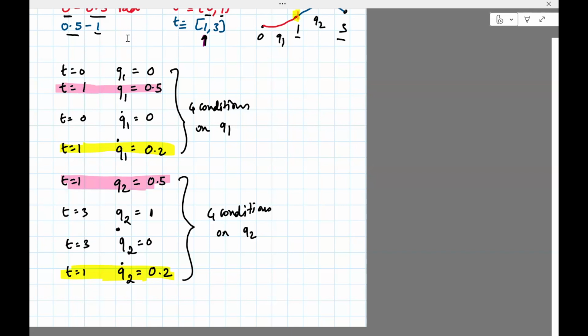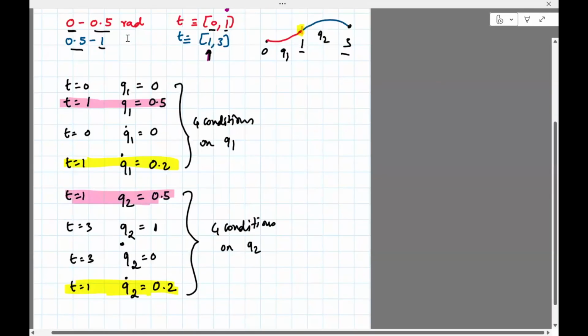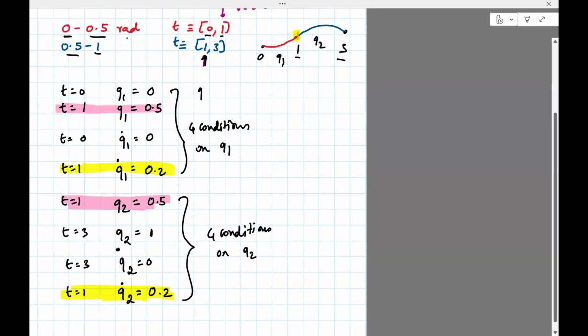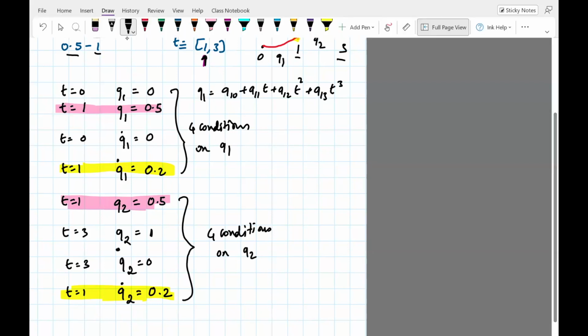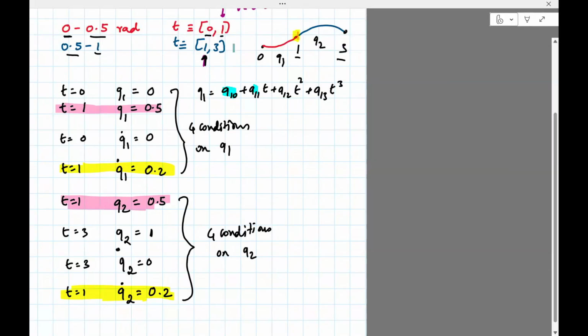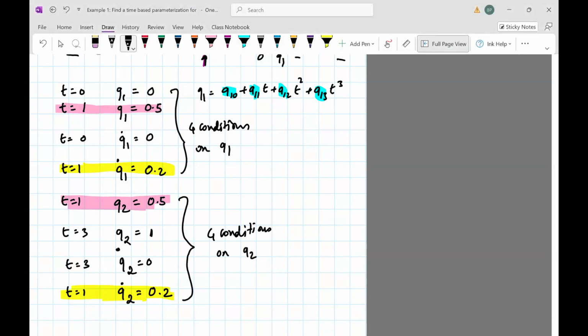Okay, so let's say Q1 will be of this form. Let's call it A10 plus A11 t plus A12 t squared plus A13 t cubed. So you can see I actually have 4 unknowns so that I can compute them using those 4 conditions.